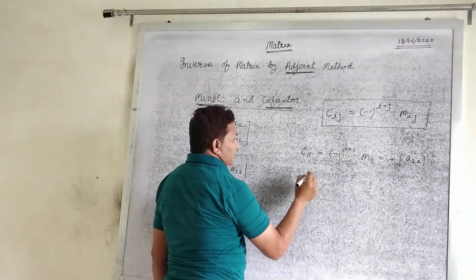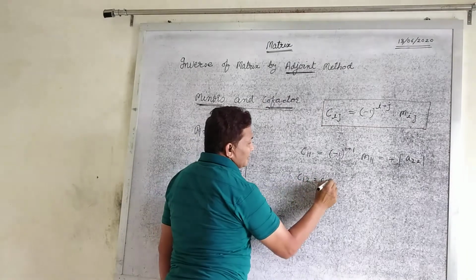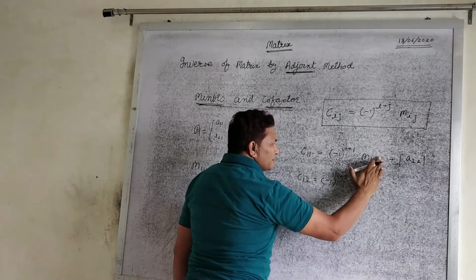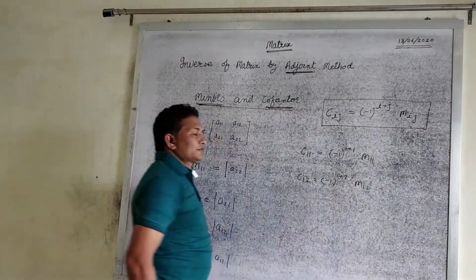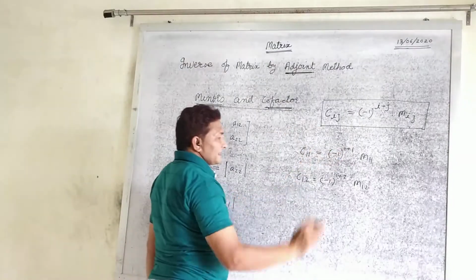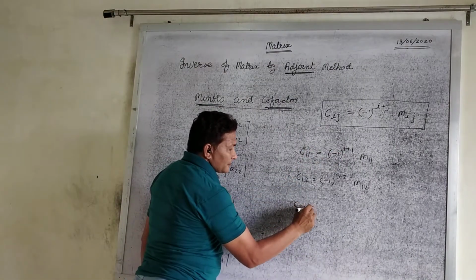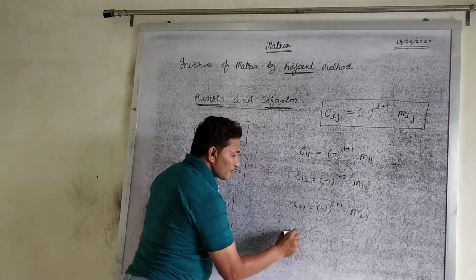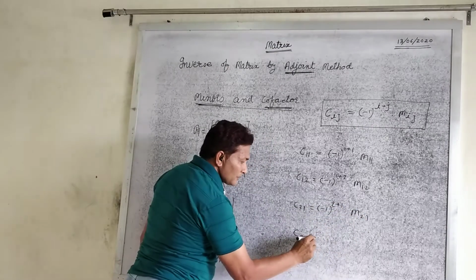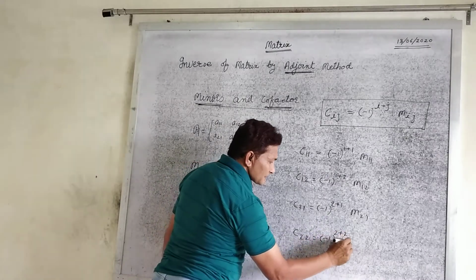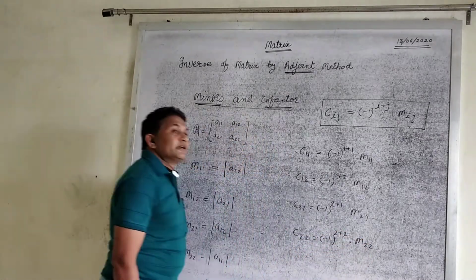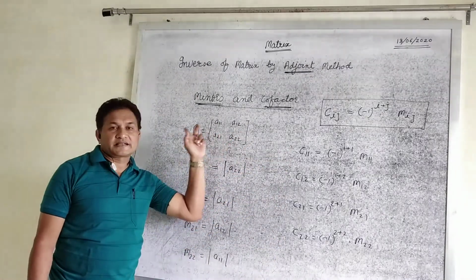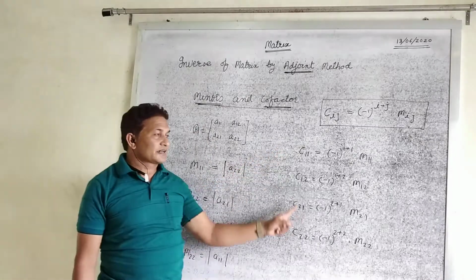Next, C12 is minus 1 to the power 1 plus 2 into M12. Then C21 is minus 1 to the power 2 plus 1 into M21. Now C22 is minus 1 to the power 2 plus 2 into M22. In this way, find the cofactors of all elements of square matrix A. So these are the minors and these are the cofactors.